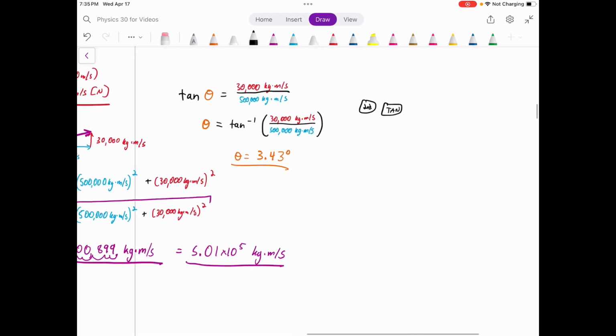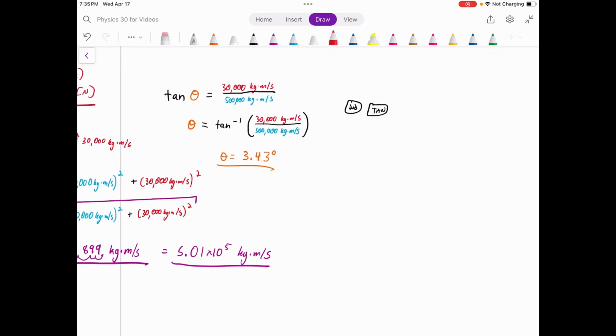Again, if you had drawn your VAD the other way, if you had first done car, then train, you would be totally okay. What you would have gotten as your angle is 90 minus 3.43, which is 86.57 degrees, but yours is east of north, right? And you're right too.